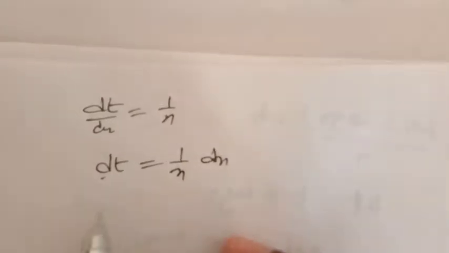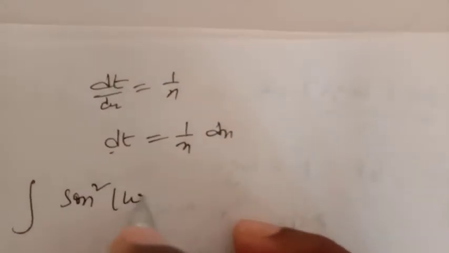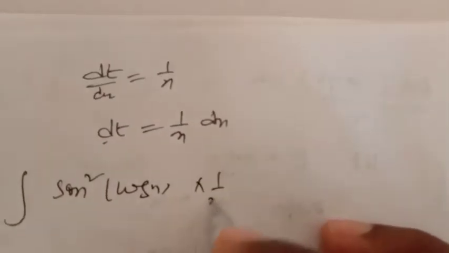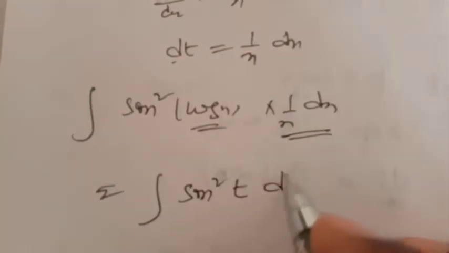The d by dx of log x equals 1 by x, so on cross multiplication we get 1 by x into dx equals dt. Substituting these values, sin square log x into 1 by x dx becomes sin square t dt, where log x equals t and 1 by x dx equals dt.